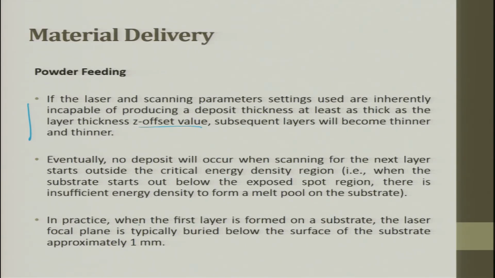In practice, when the first layer is formed on the substrate, the laser focal plane is typically buried below the surface of the substrate approximately 1 millimeter. So, we are just trying to play with the height, to make sure that between two layers there is a proper gradient: melt pool happens on the top and heating happens on the bottom, and when the next layer comes there is a shift in the layer.